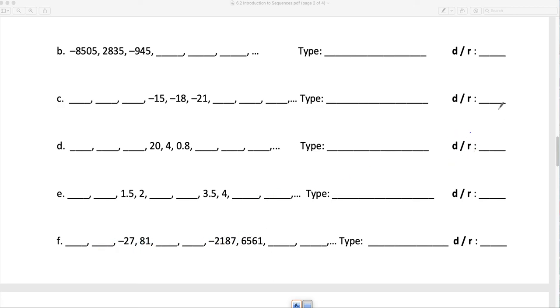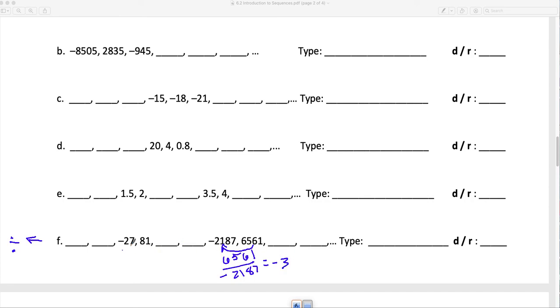So to save myself some time, I'm going to go ahead and divide backwards. Now that I've got my notation all figured out, I've got 6,561 divided by negative 2187, and that is going to give me a negative 3.